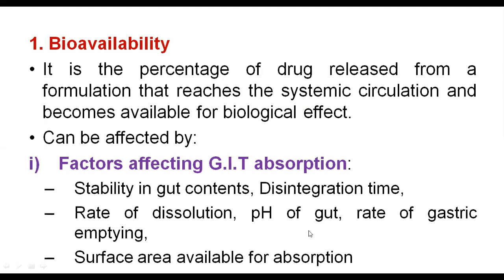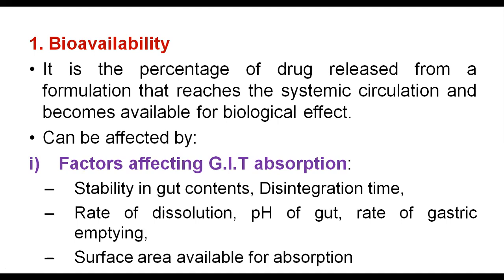The pH of the gut. Certain drugs require a very low pH in order to be absorbed well. For example, tetracyclines, such as doxycycline. If you administer doxycycline together with a drug that reduces the pH of the gut, then the rate of absorption of that doxycycline will be affected.